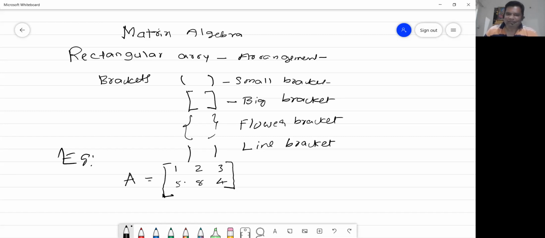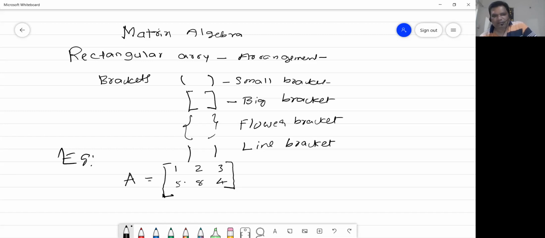Please observe, it is an arrangement of numbers enclosed within brackets. A matrix is always denoted by a capital letter, and I enclose the arrangement in a bracket.